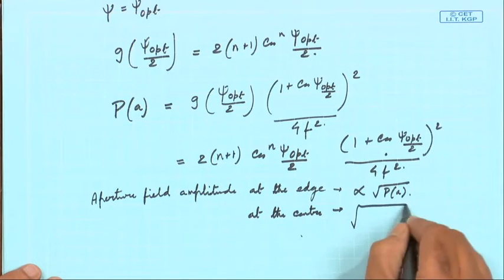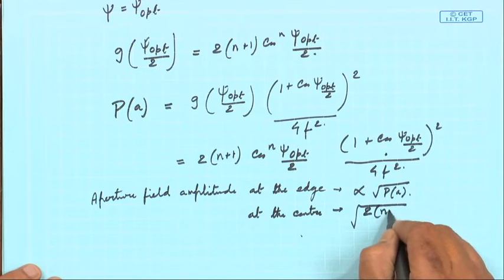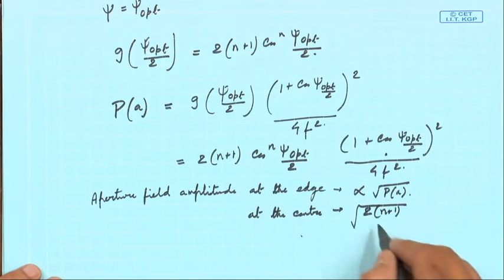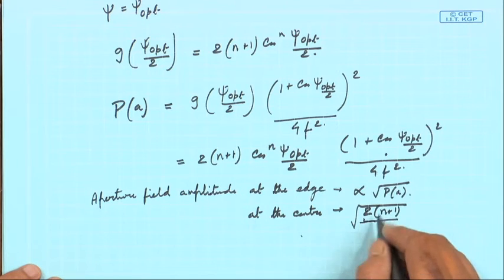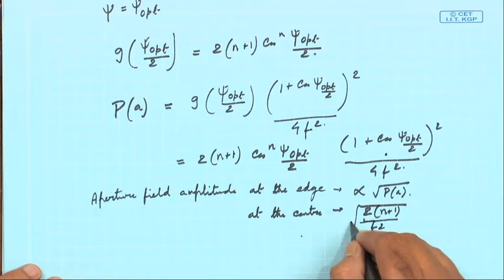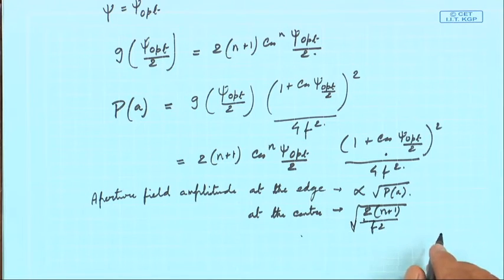So, that we know you can put cos 0 angle, so root over 2 n plus 1 by f square or f, whatever.